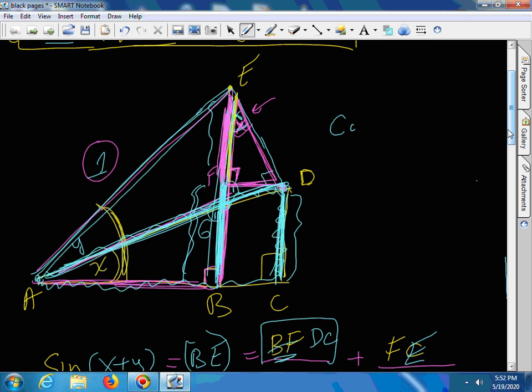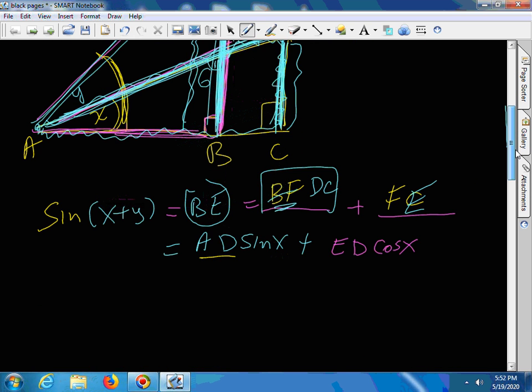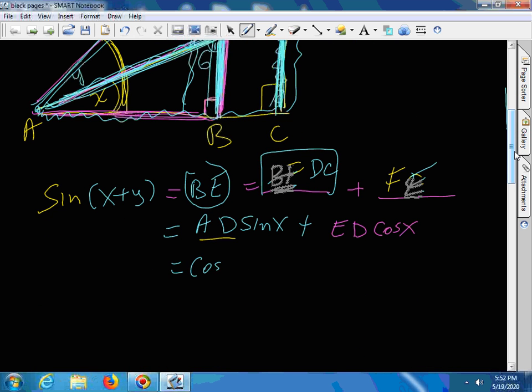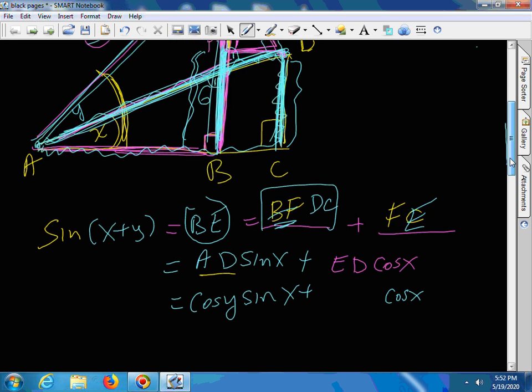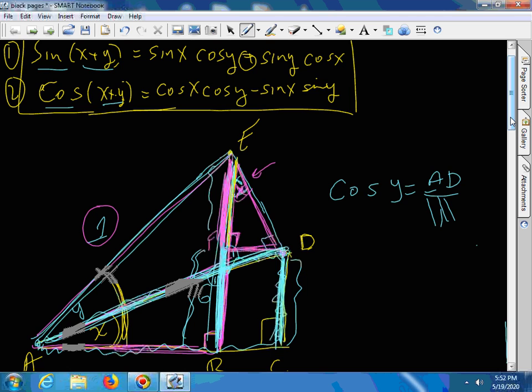Now, if you look at the cosine of y, the AD is the adjacent, but the hypotenuse is 1. That is, AD is cosine of y. Okay, cosine of y sine x plus something times cosine x, namely ED. Okay, so now I look for ED.